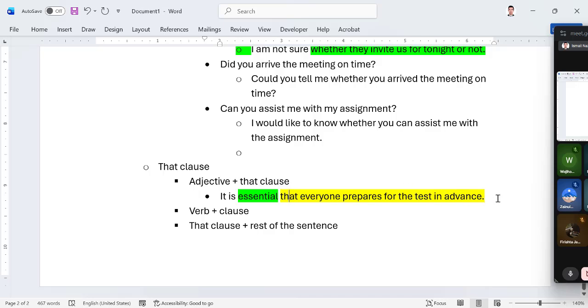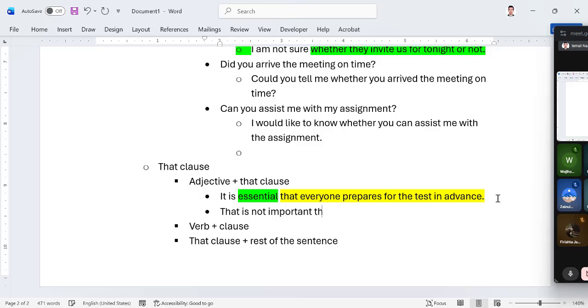So we have this structure, adjective plus that clause. Or if I say, it is not important that, for example, he failed the interview. What is not important?